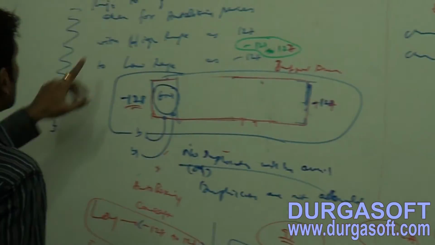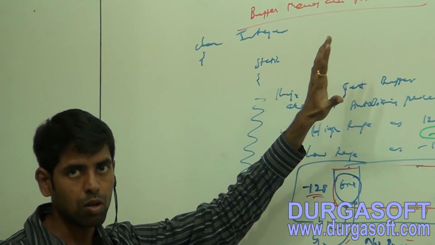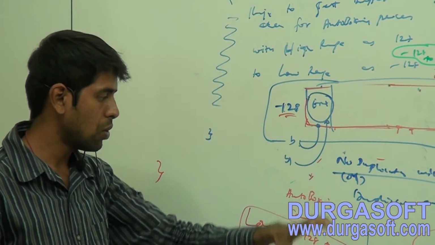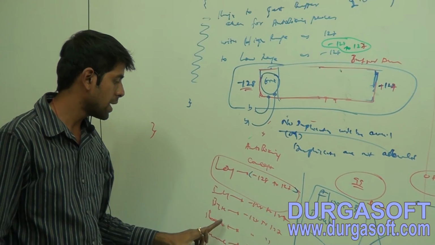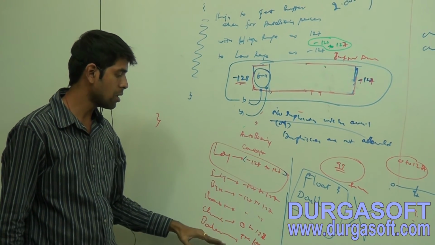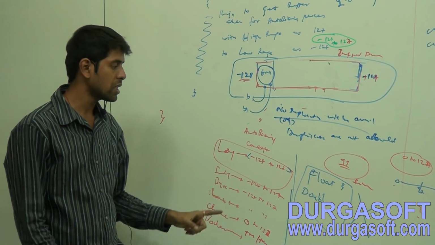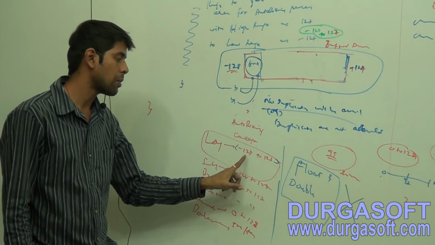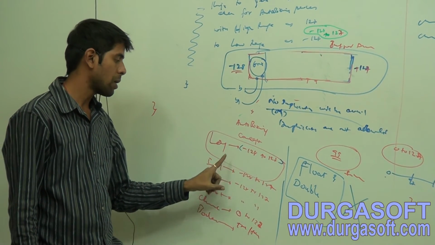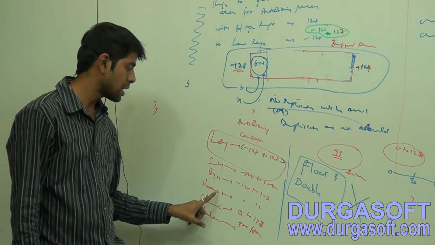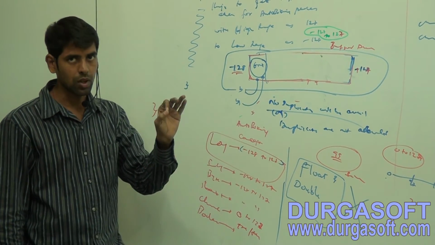Buffer memory area for auto boxing is applicable only for the wrapper classes Integer, Long, Byte, Short, Character, Boolean. If the object data is within the range of -128 to 127 for the Long, Integer, Byte and Short wrapper classes, then only this concept will work.